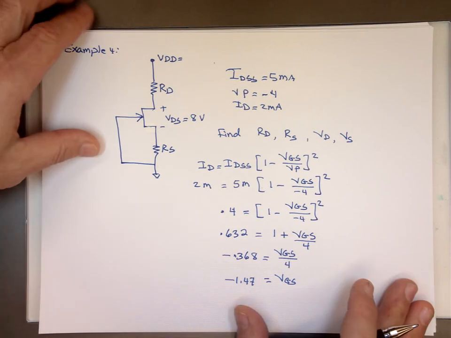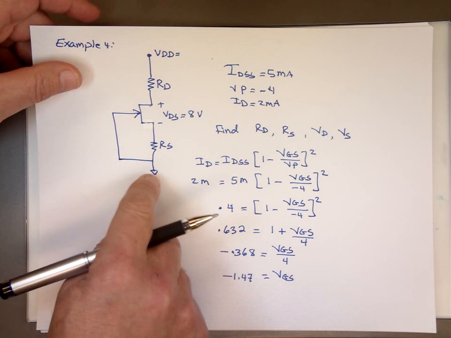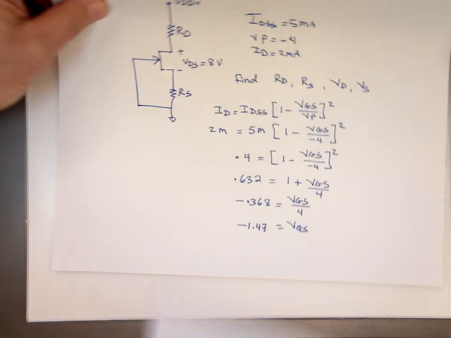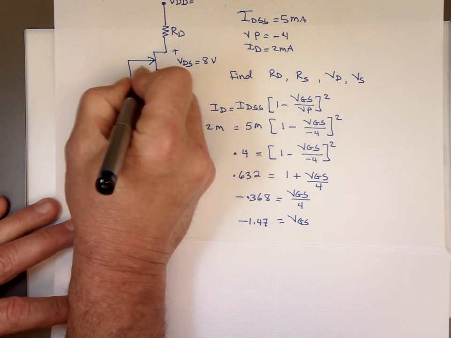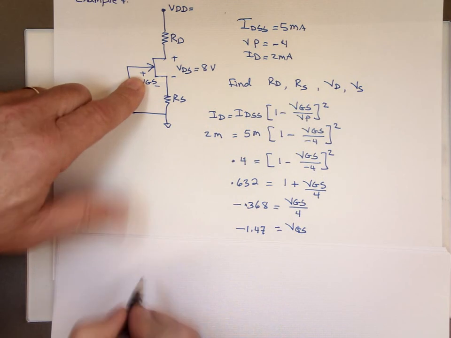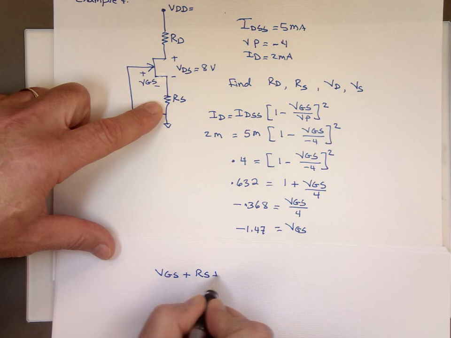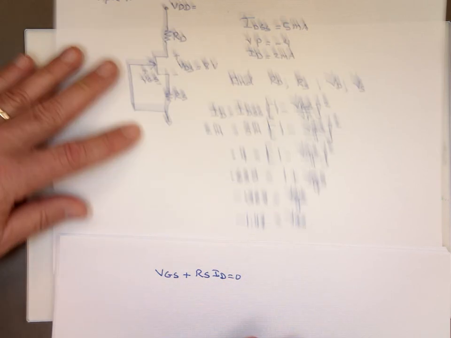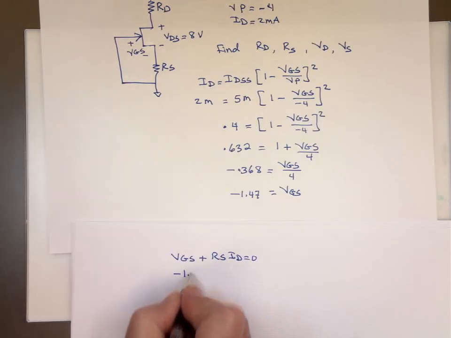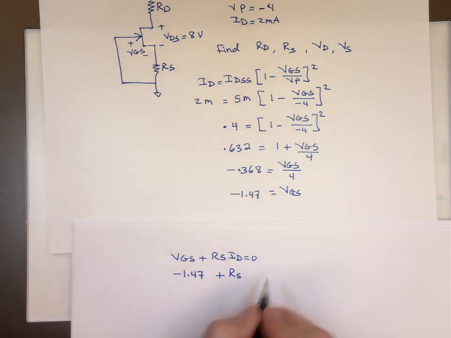Well, that's good, because now I can find R sub S. How do you find R sub S? If we do KVL here, this is VGS. KVL says VGS plus R sub S times I sub D is equal to 0. I know VGS, which is negative 1.47, plus R sub S, which is unknown, times I sub D, which is 2 milliamp, should equal 0.